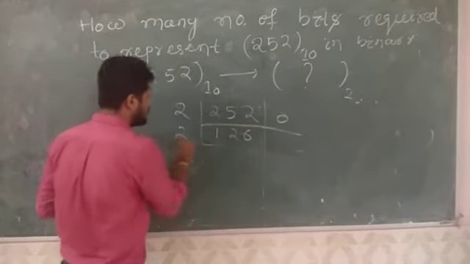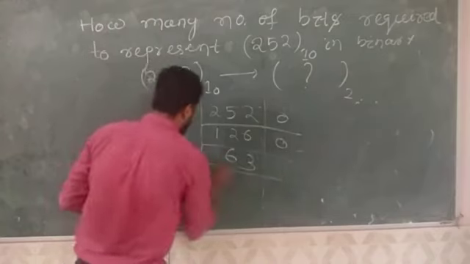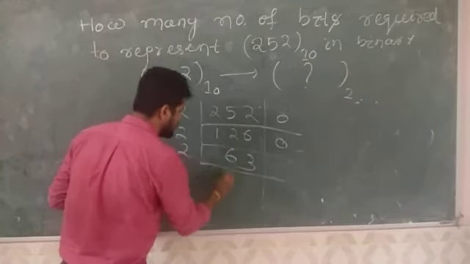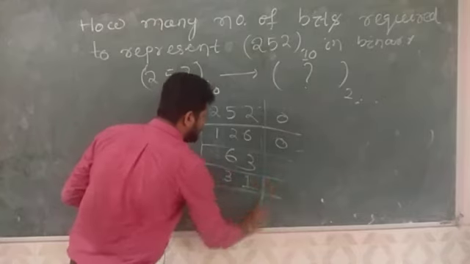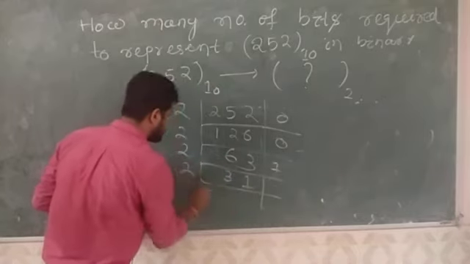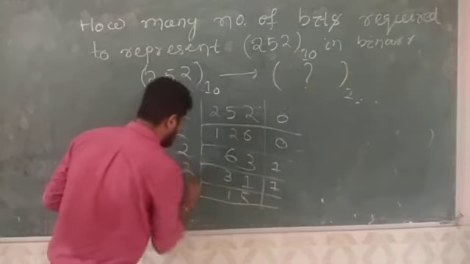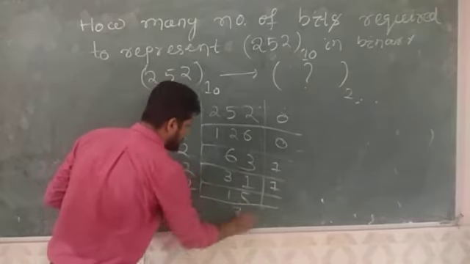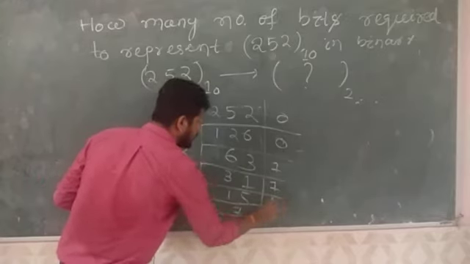Then 2 into 63, that will leave the remainder 0. Then again 2, that will leave the remainder 1. Then we have 2 into 15, it will leave the remainder 1. Then 2 into 7, that will also leave the remainder 1.